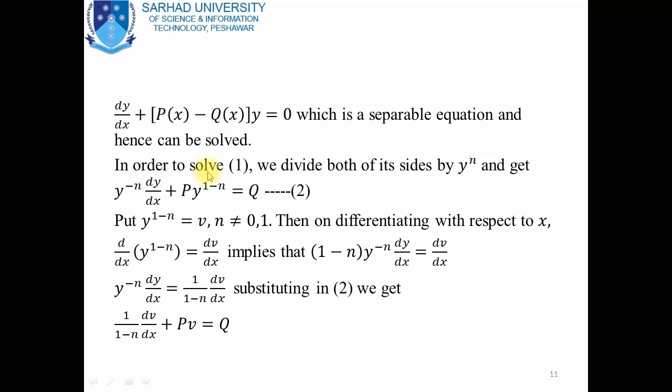In order to solve equation number 1, we divide both sides by y^n and get y^(-n) dy/dx plus P y^(1-n) is equal to Q, and this is equation number 2. Now put y^(1-n) is equal to v, where n does not equal 0 and 1.